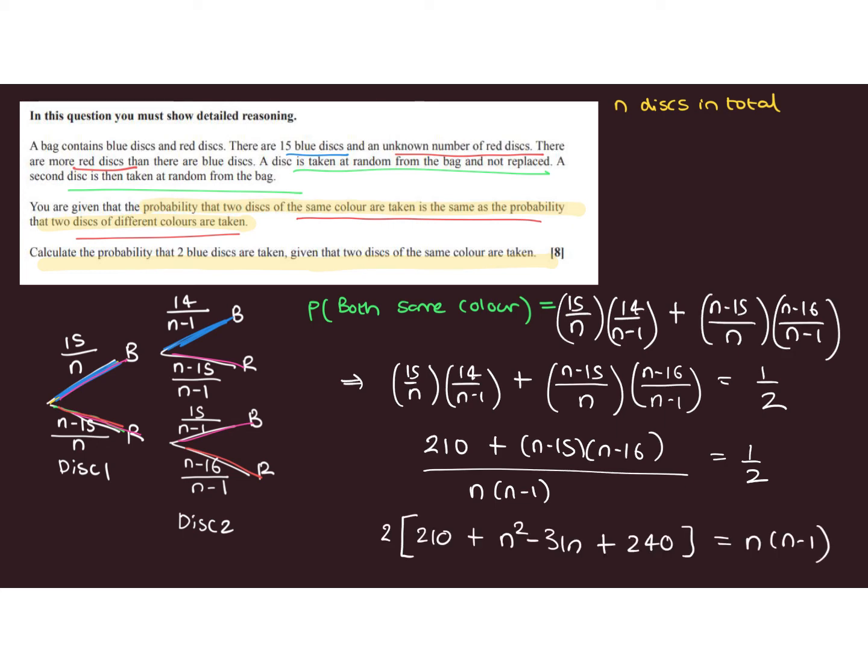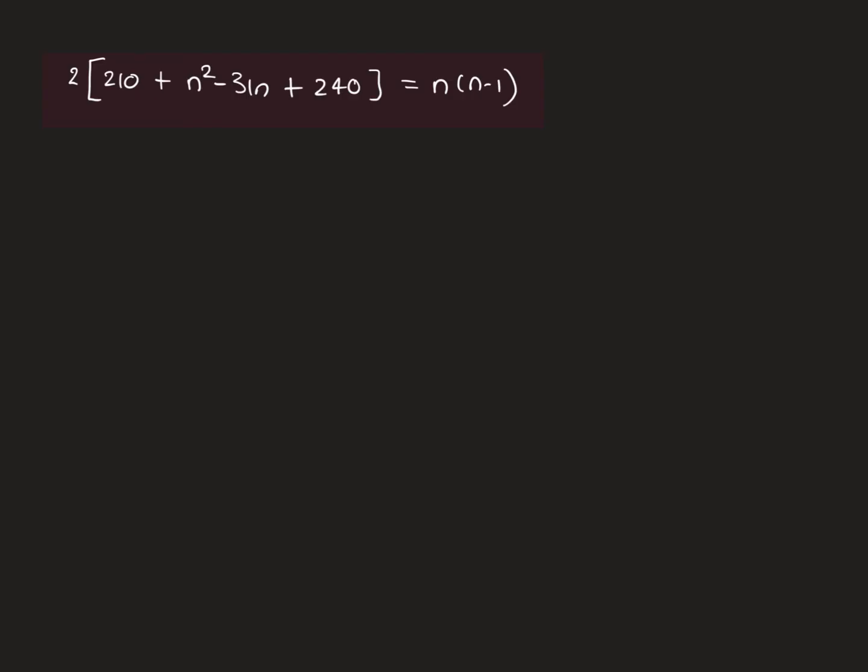So I've simplified the numerator and I've cross-multiplied here, and I'm going to continue simplifying this. You can see this is heading towards a quadratic equation. So here we are, and we're going to carry on simplifying this. So we break this down to get n squared minus 61n plus 900 equals 0.